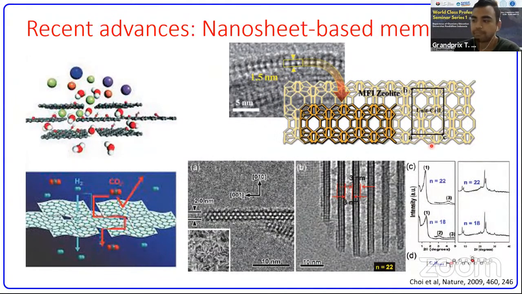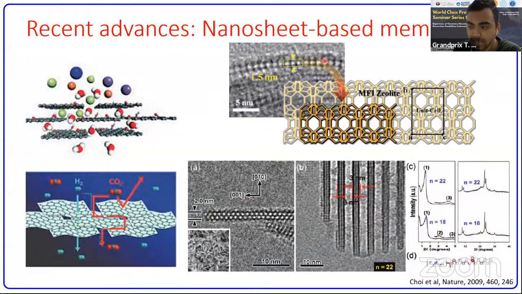We can see here that if we have such a continuous layer with minimum thickness, we could eliminate the weaknesses in the conventional inorganic membranes. As you can see here, this is the example of nanosheet zeolites, which have atomic thickness, 1.5 nanometers.